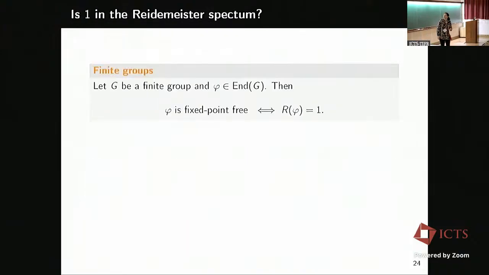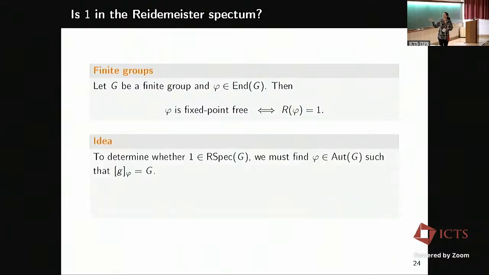I also mentioned that for finite groups, an endomorphism is fixed point free if and only if its Reidemeister number is 1. In that sense, this matrix also helps a lot. Reidemeister number 1 means you only have one class.